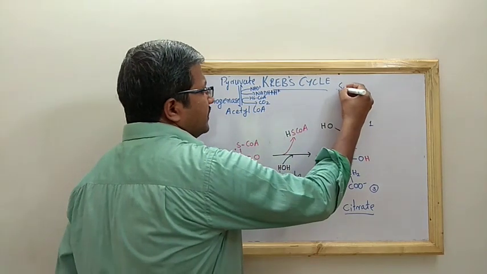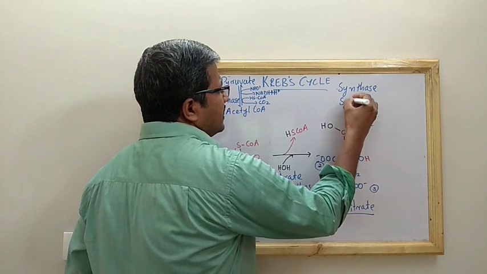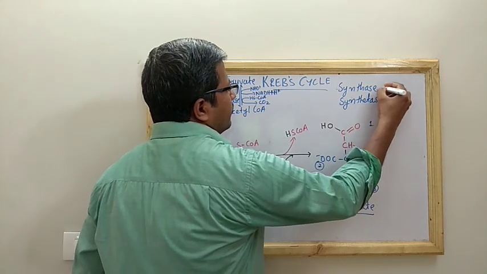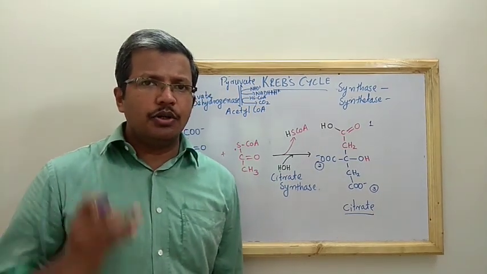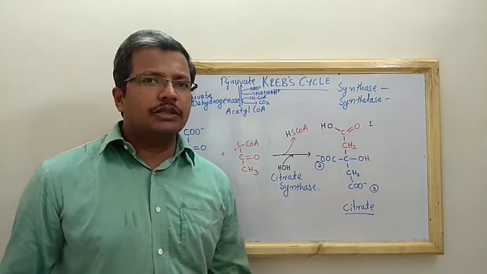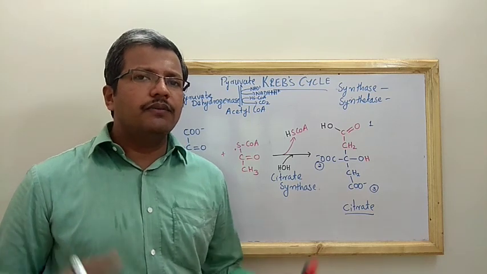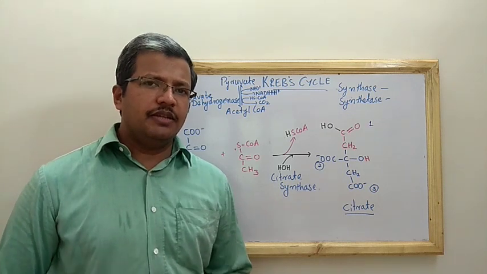Now there comes another confusion. You will be just seeing synthase and the synthetase enzyme. Both will be actually catalyzing the synthesis of molecules. Then what is the difference between synthase and synthetase? It is nothing but the involvement of nucleotide triphosphates.